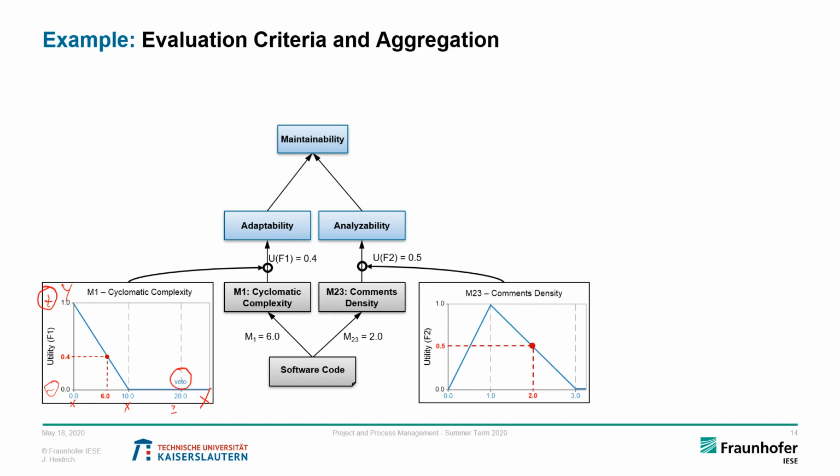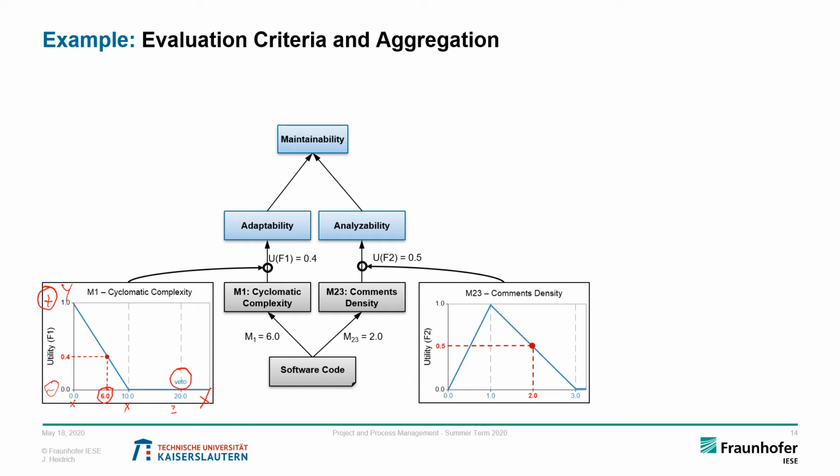Now, based on this linear evaluation function, we can get the value for cyclomatic complexity 6, which is mapped by our utility function to 0.4 on a scale from 0 to 1. So using the utility function, we basically harmonize the scale. We map it to a kind of evaluation scale already. In this example, the evaluation scale is between 0 and 1, and then the values can be aggregated formally.